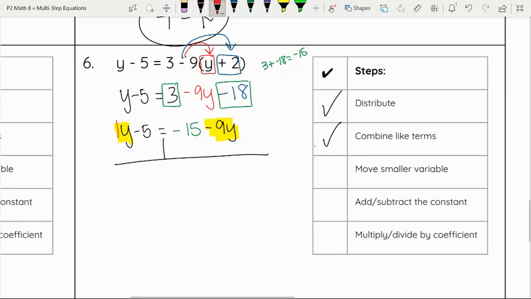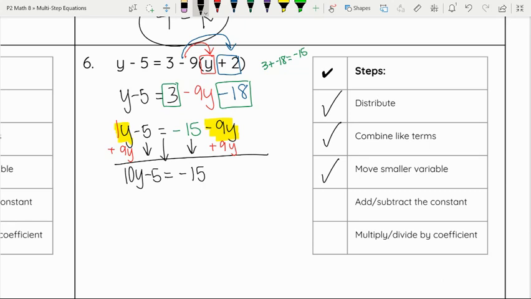Negative 9 is smaller. So we're going to get rid of a negative 9 by adding 9y to both sides. So 1 plus 9 is 10y. Bring down the minus 5. Bring down the equal sign. And bring down the minus 15. We have moved the smaller variable.